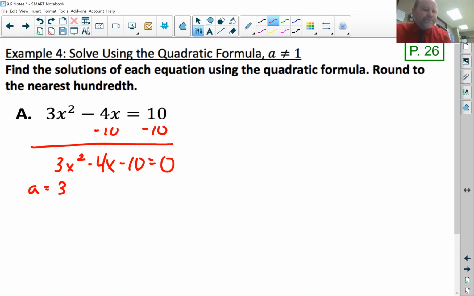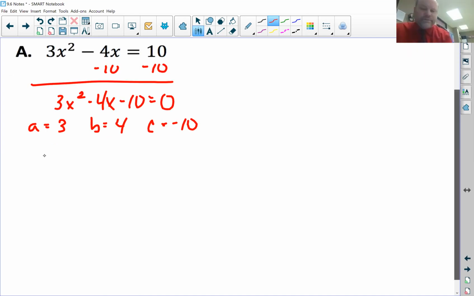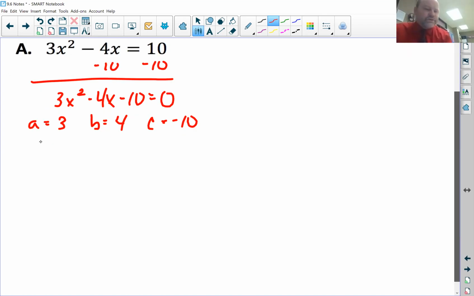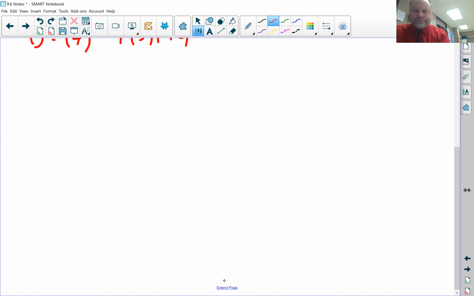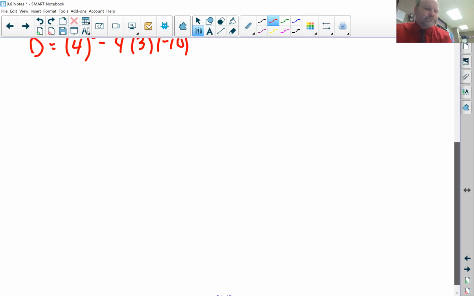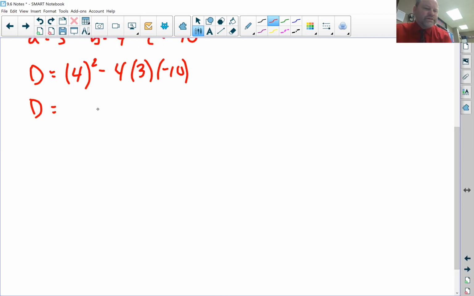A is 3, B is 4, C is -10. So our discriminant is B squared minus 4 times A times C. 16 minus 4 times 3 is 12, times -10 is -120.